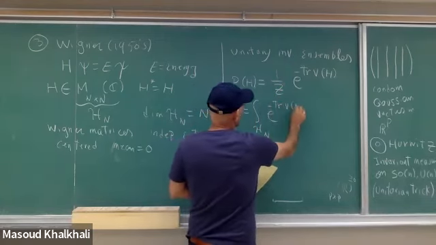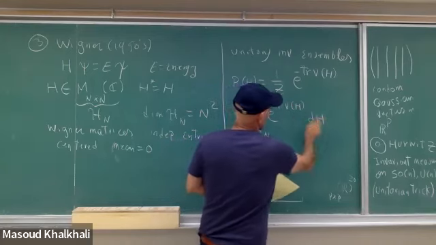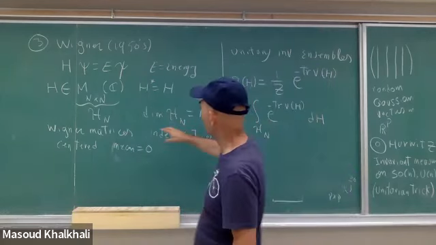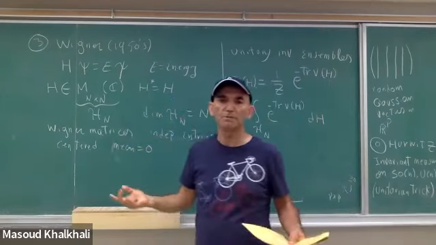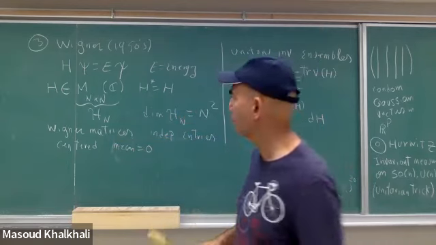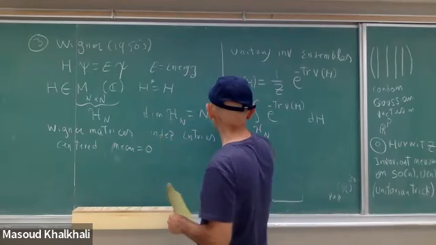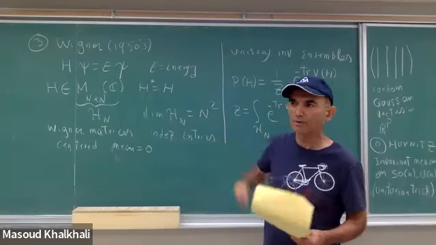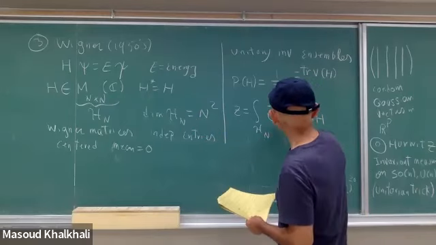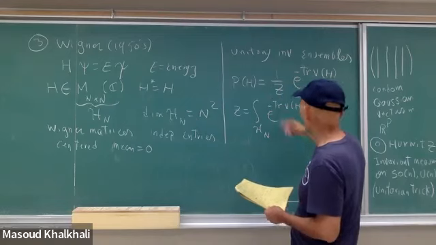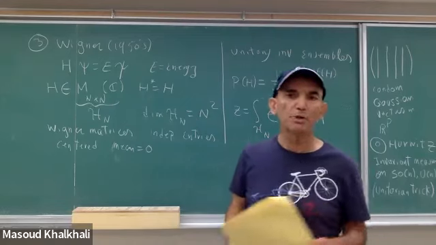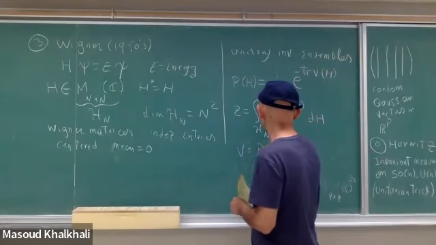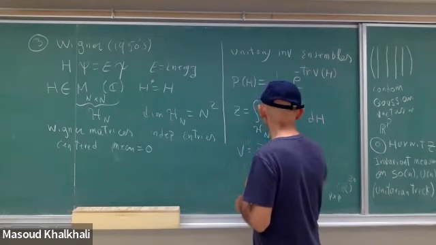The dH is the standard Lebesgue measure on H_n, because H_n is just a linear space, canonically isomorphic to R to the power n squared. You can use coordinates, and then you have this measure dH, which is the product of all these matrix entries, real and complex separated. So this is a finite integral. You want to make sure that it's a finite integral. If you want, then V has to be a special kind of polynomial, for example, which is called the potential in this case.